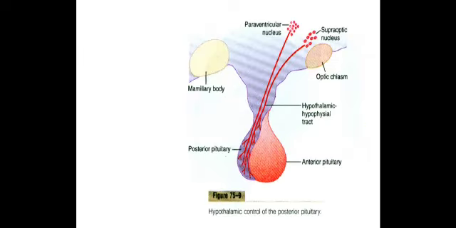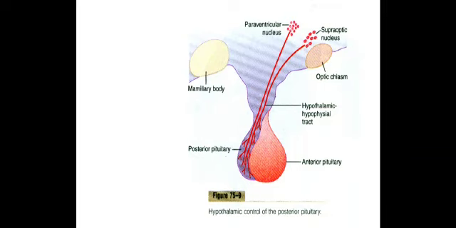To summarize, oxytocin is secreted by the paraventricular nucleus and ADH by the supraoptic nucleus. ADH mainly causes water reabsorption through the V2 receptors by water channels called aquaporins.